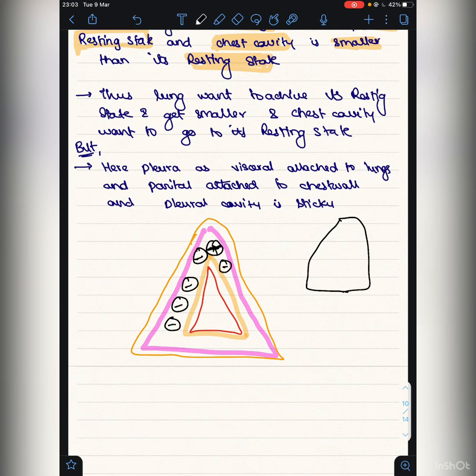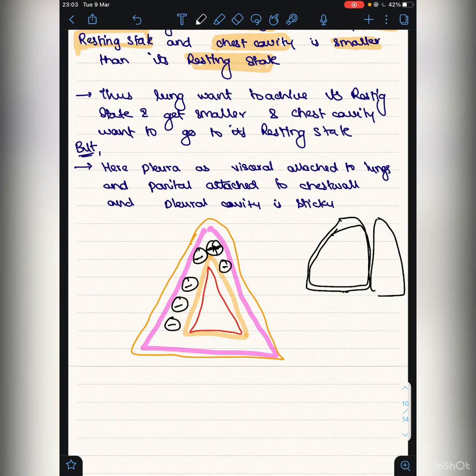So up to a physiological limit, the chest wall can expand, and along with that the lungs also have to expand.